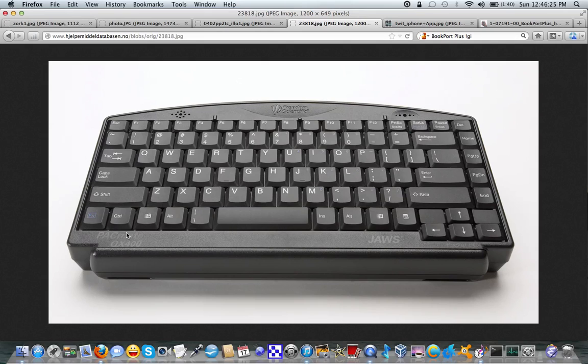But as you can see, this PacMate QX400 running JAWS, the JAWS screen reader, was my first introduction to the Pocket PC environment. And to be honest, even after having used it, I never got one of these myself, and I'm glad I didn't because they died off fast. But my personal introduction to this was through non-visual means, because this is a Pocket PC device.